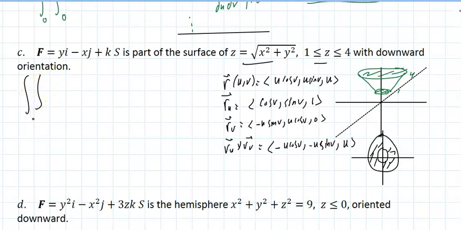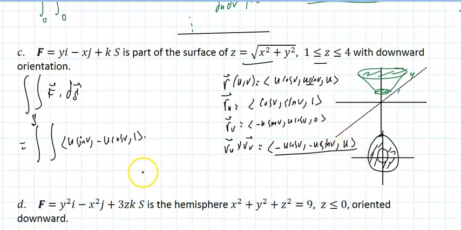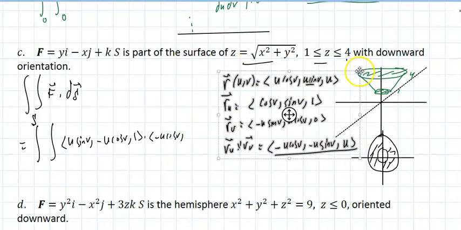The double integral over S of F dot dS, or d rho, picks up the n. What is n? Well, that is F. What's F? The y component, that is u the sine of v, negative x, negative u the cosine of v, and k is just 1. Dot it with what I just got right there. And that's going to be negative u the cosine of v. I'm going to shrink that a bit more. Again, we do that a lot. And I need to convert the rectangular into the u and v, kind of like polar stuff.